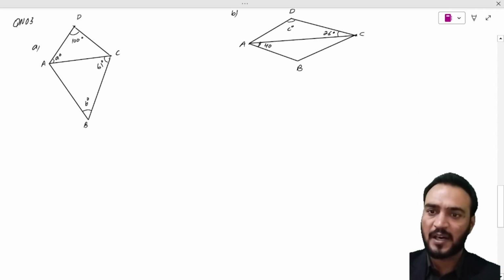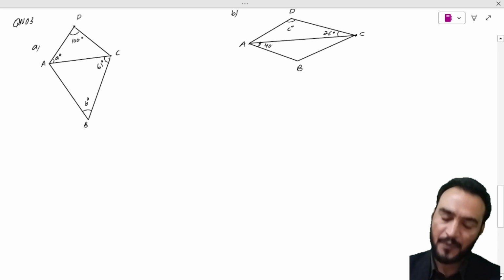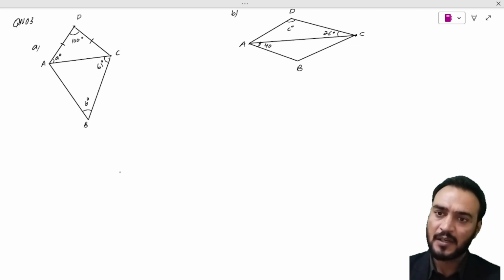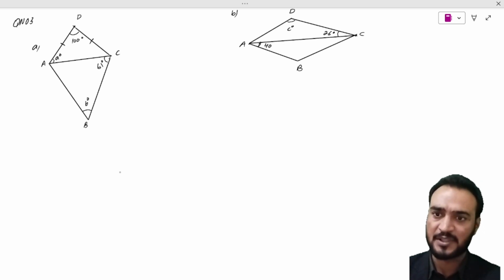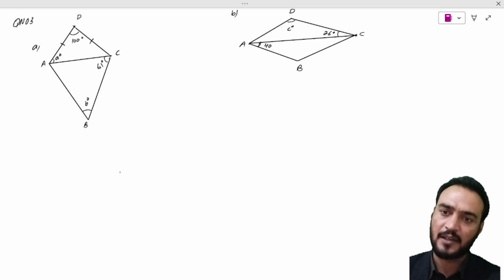So this is part A of question number 3, where we know that AD is equal to CD. The diagram is actually made by hand, so there may be a mistake in the diagram, but you must know that in a kite, the adjacent sides are equal in length. So AD is equal to CD.